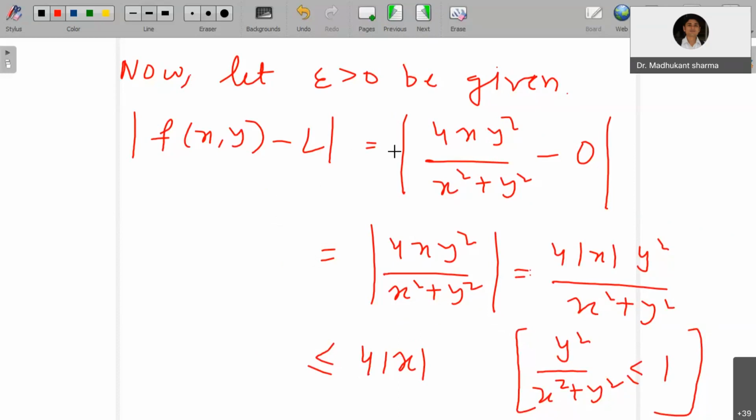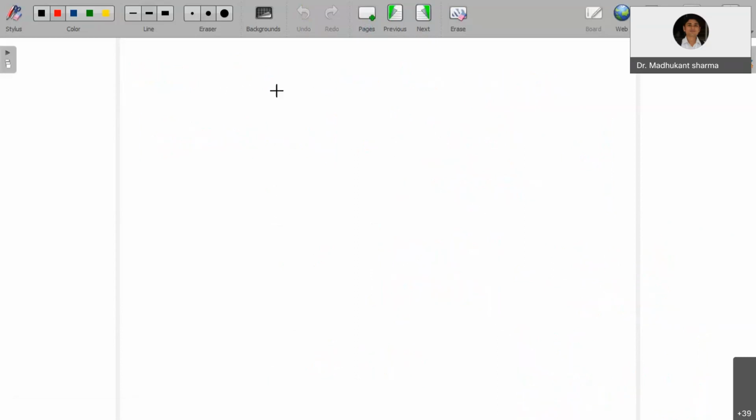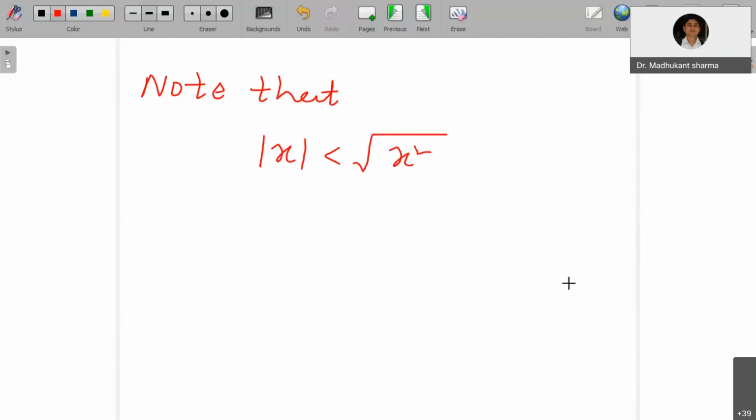Now what you need to do is find and identify a delta which satisfies the requirement. Note that mod x is less than square root of x square, so this is going to be less than square root of x square plus y square.